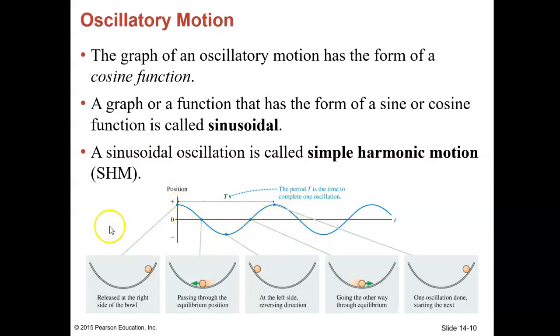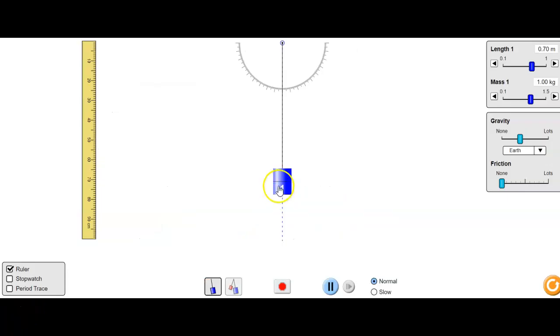If we graph the motion of this pendulum, the position versus time, it would make the same sinusoidal function, where this bottom part, the resting position, is your 0.